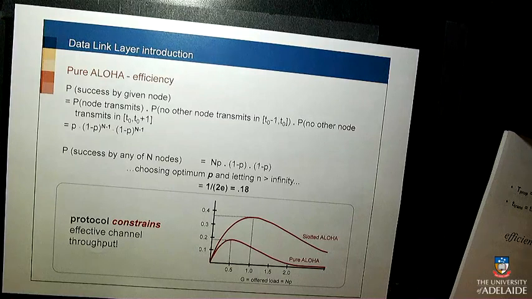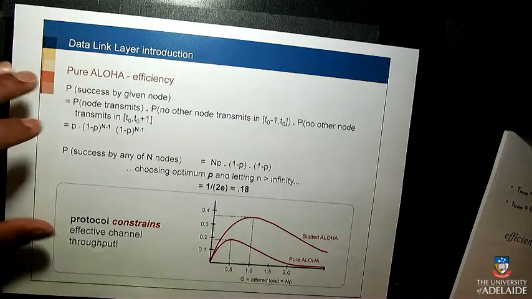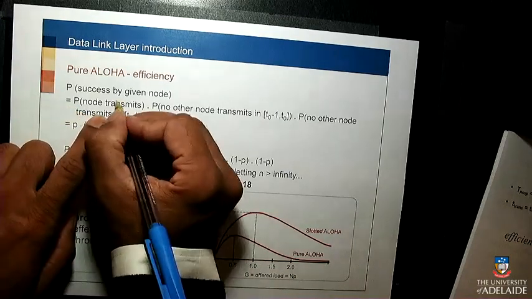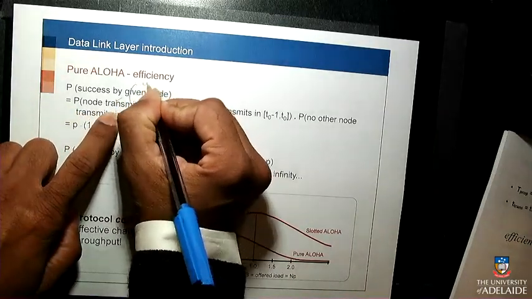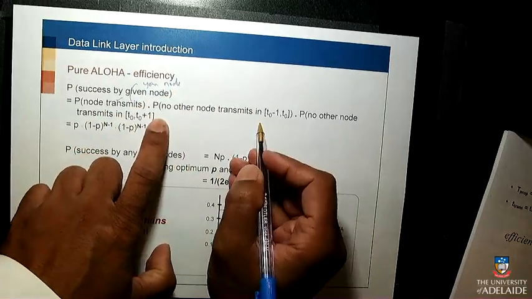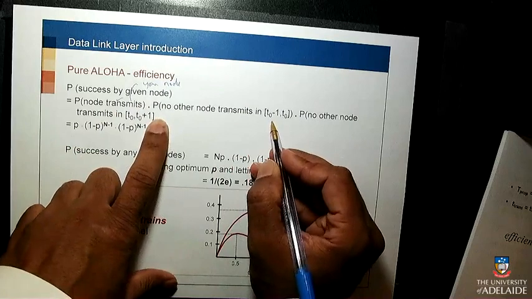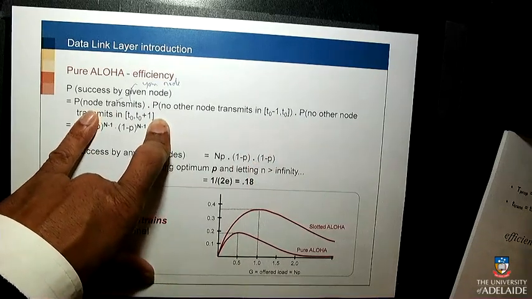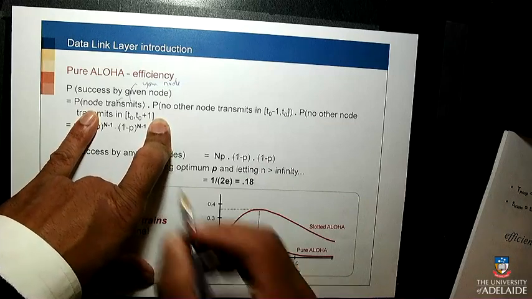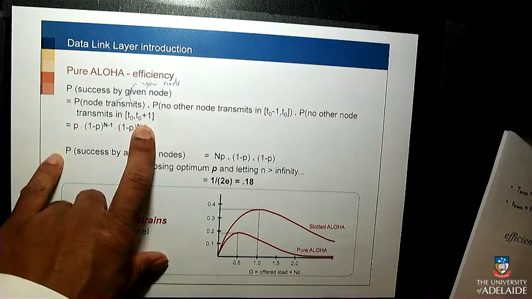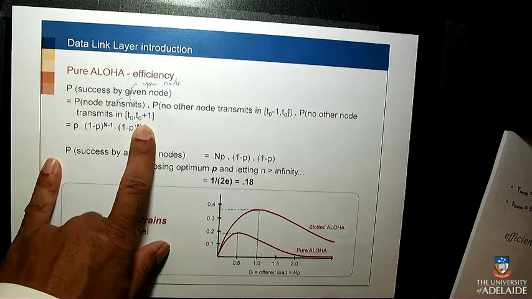If you look at how to calculate pure aloha's efficiency, for you to be successful you want to make sure that no other node transmits in 1 unit time before you, because you still haven't finished. There's a transmission delay for you to put the data onto the network. And no other node should transmit until you've finished sending your data.